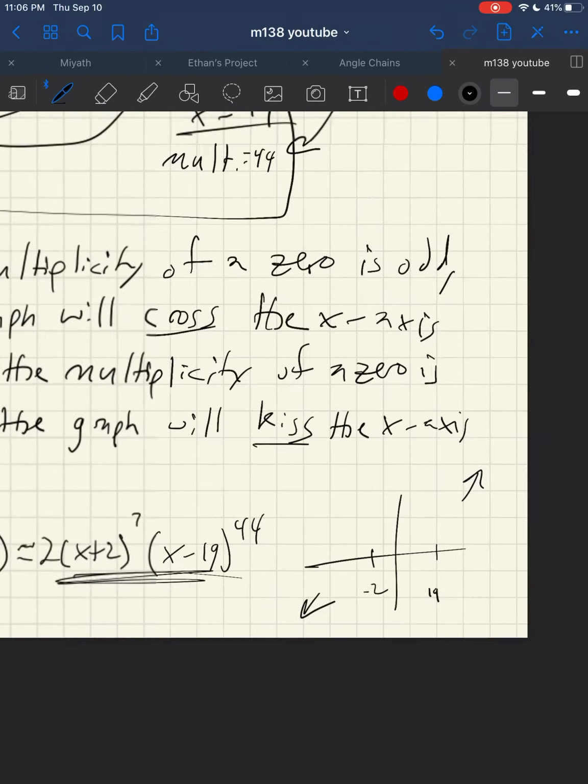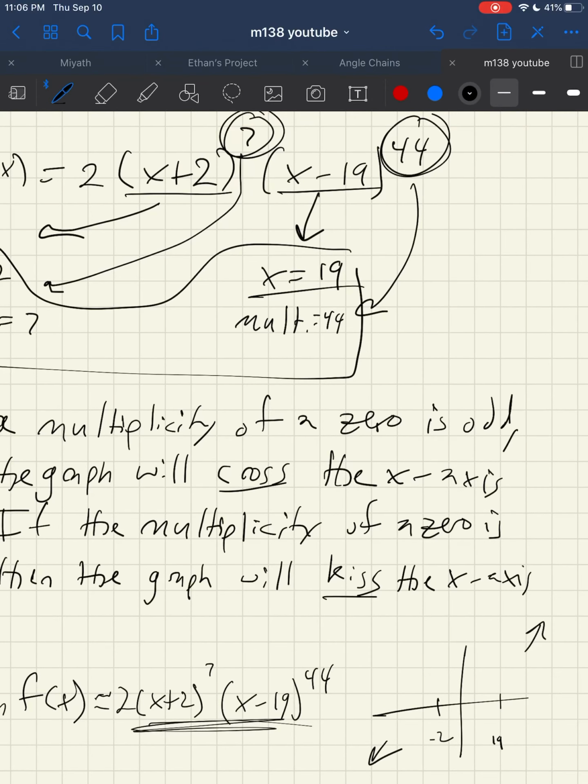Well, I don't know the exact shapes that we're going to get, but I know that x plus 2 is a 0 with an odd multiplicity, meaning that this thing's going to do whatever it does and then go through the x-axis there. Then whatever happens, who knows? And then when x equals 19, we touch the x-axis again, but we kiss. We just touch and bounce back up because this is an even multiplicity.